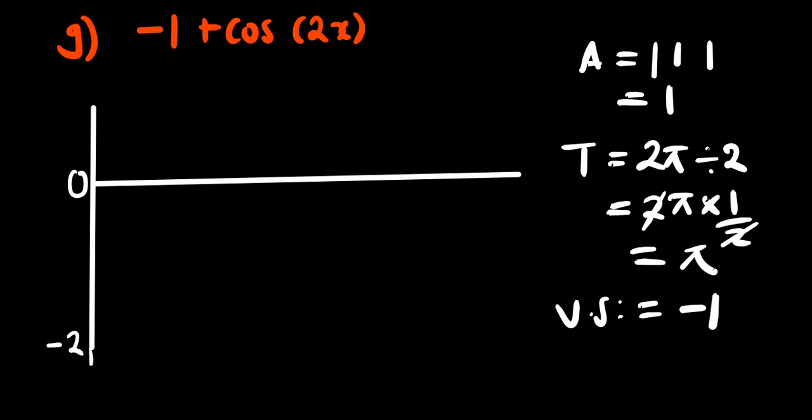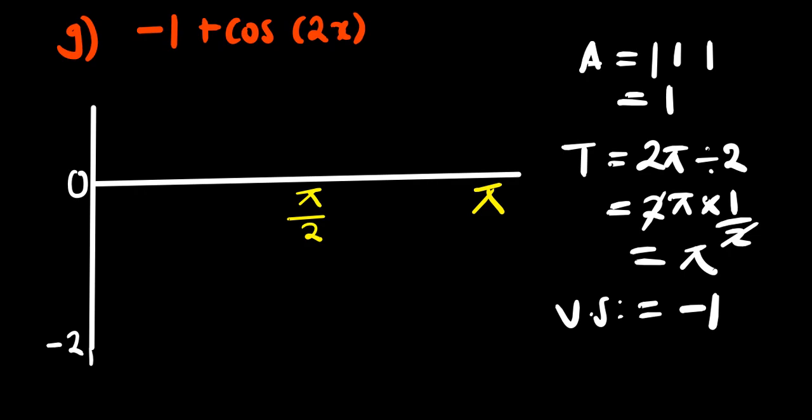Then what is our period? Our period, we found that it is pi. Pi is just the same as 180. So this is going to take one complete full revolution. It's going to end at pi. Now what is going to be the half of pi? The half of pi is pi over 2.